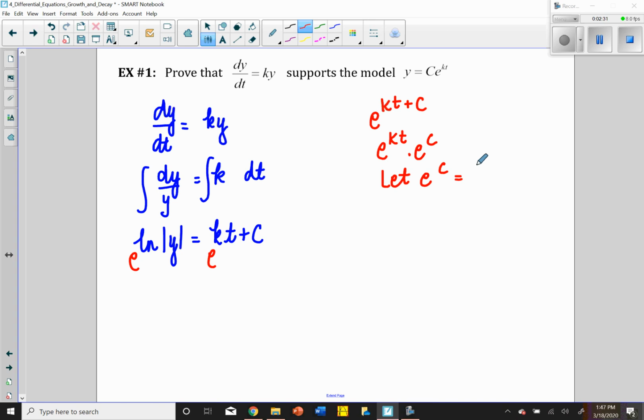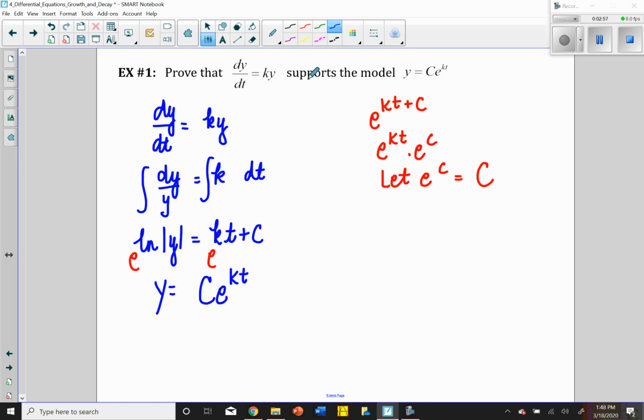I'm going to call it k in this case. No, I don't want to call it k. We've got a k. Let's just call it capital C. So it's going to be capital C instead of a lowercase c. So that gives us y is capital C e to the kt.